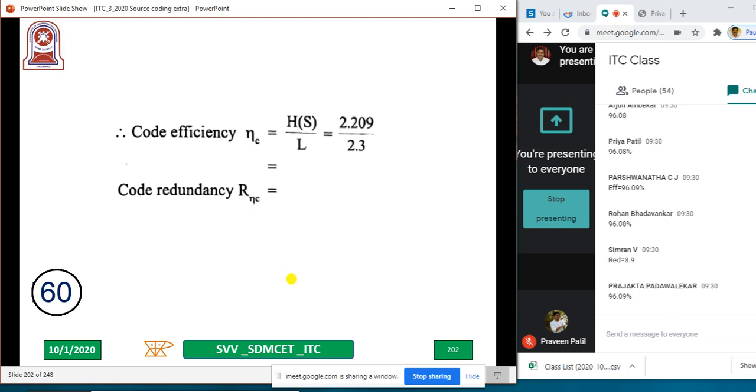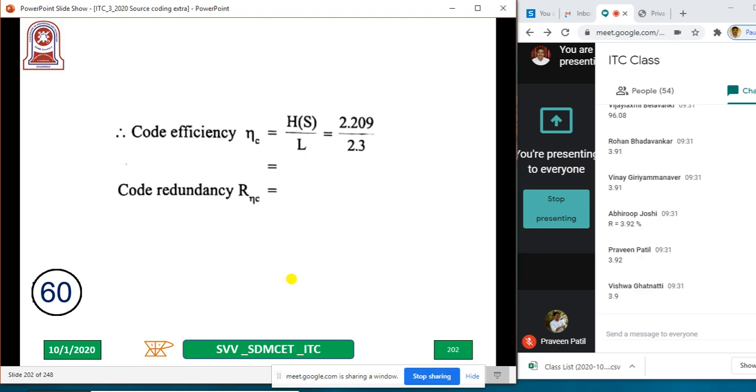Simran has typed 3.9 redundancy, Prajakta 96.09. Parshvanath has typed the percentage, correct. Nivedita has typed redundancy. Priya Patil, Sahasana, all are getting the same answer. Shivani, Geeta, Pragati, Adnya, Rohit, Varsha, Amruta, Malagi. Okay, she has typed.